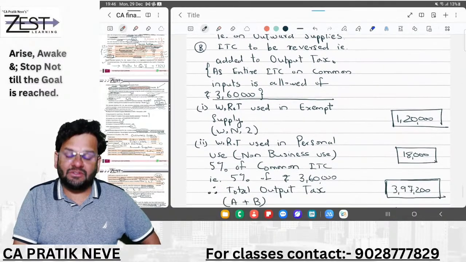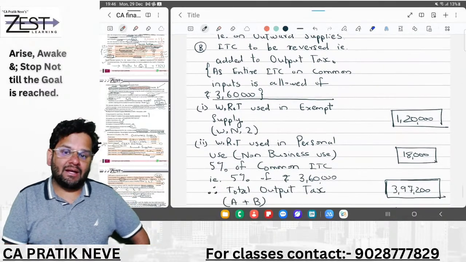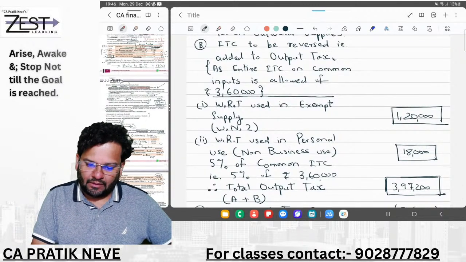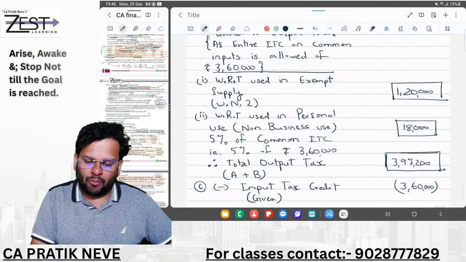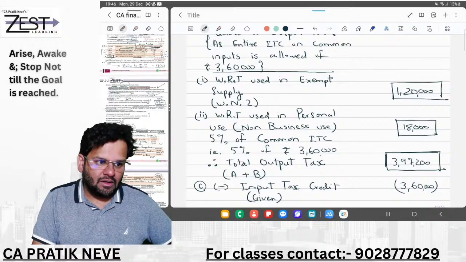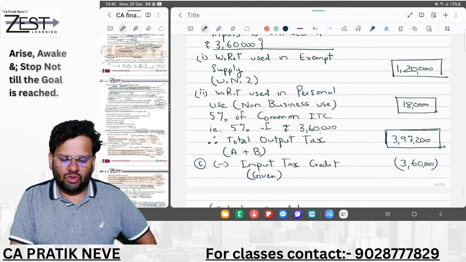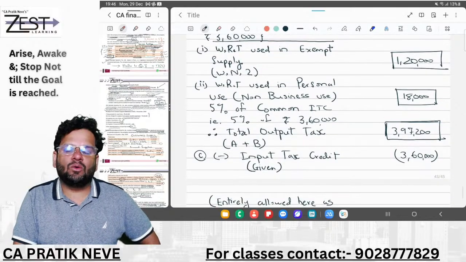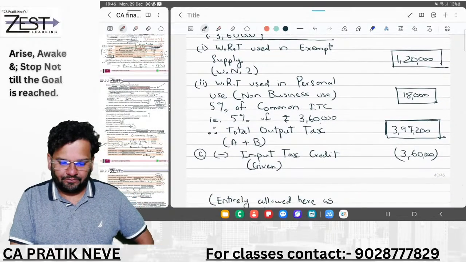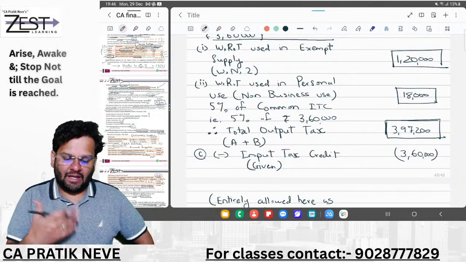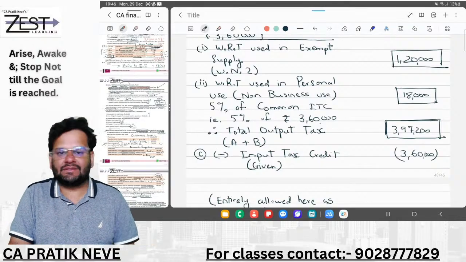Then ITC to be reversed, that is to be added to the output tax. Okay, as entire ITC on common inputs is allowed of 3,60,000. That's why you are required to add this. With respect to used in exempt supply, you are adding 1,20,000. With respect to used in personal use, you are adding that 5% of common ITC.